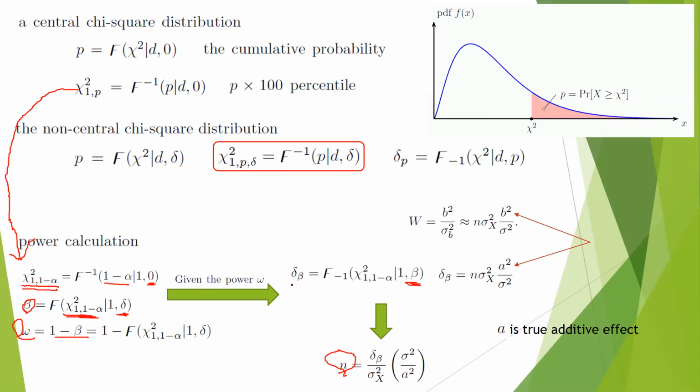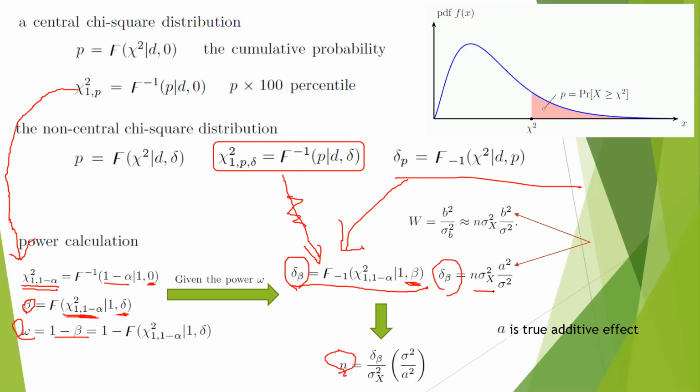In this way, we start from the alternative distribution. Oops, sorry, not here, this one. We can use this to help us calculate the non-centrality parameter, and the non-centrality parameter is defined this way. I'm going to show you later why this is the case.